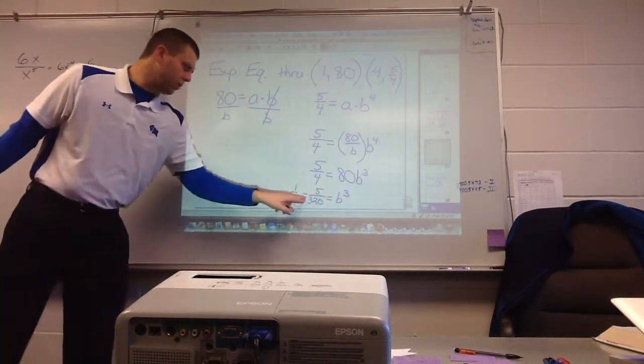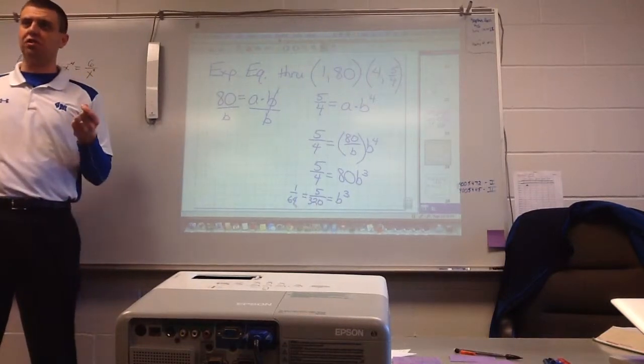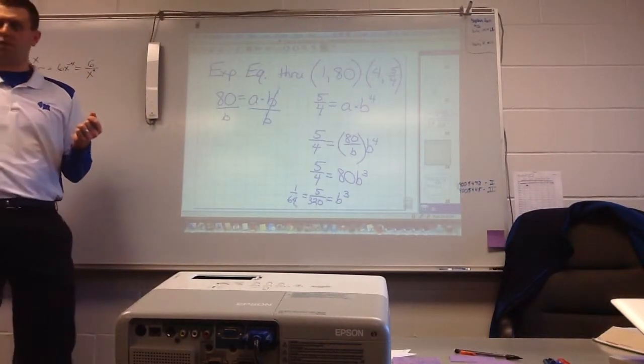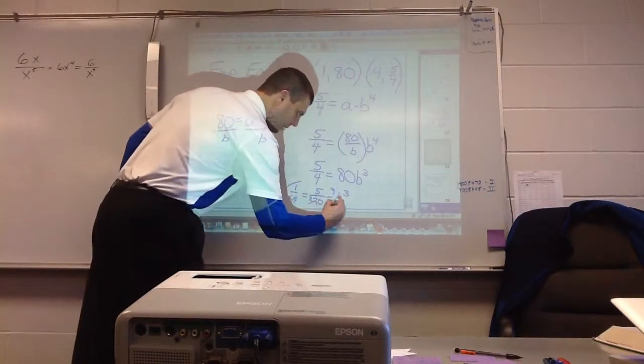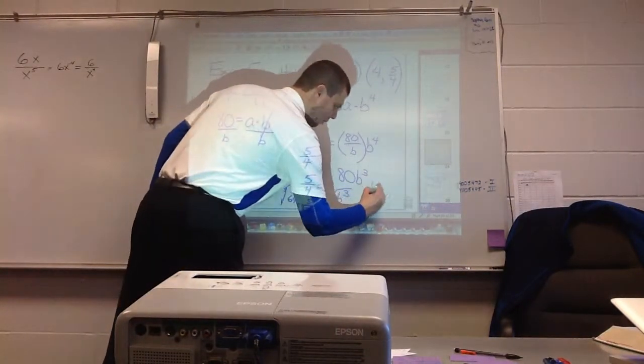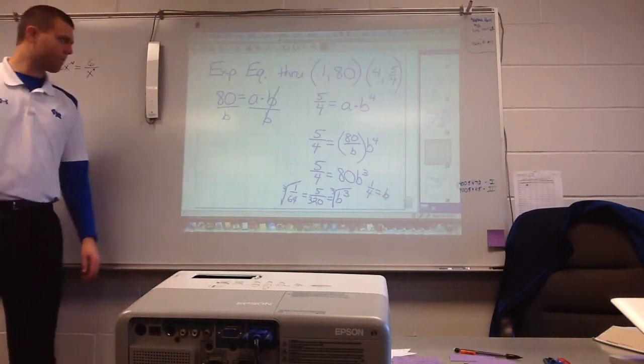So if b cubed equals 1 over 64, then you need to cube root both sides, and you get b equals how much? 1/4. Okay? You got to cube root both sides to get b by itself. So then you have 1/4 equals b. Plug b back in.